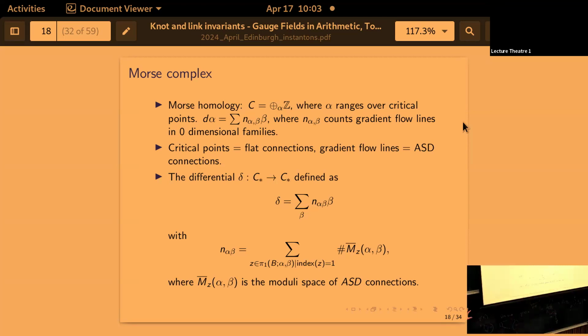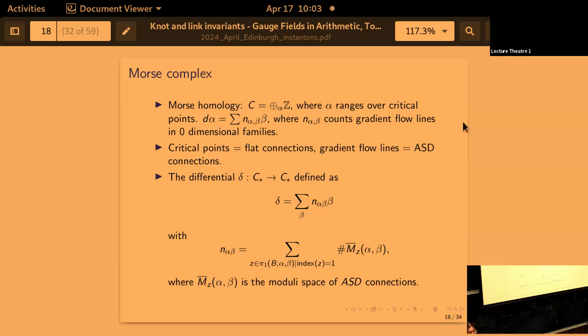Which is what your complex is actually counting. But in general, given a 3-manifold with some slight conditions to make it nicer, you can define this and it's going to be an invariant of the 3-manifold. I think it's not hard to believe, because we didn't make that many choices.